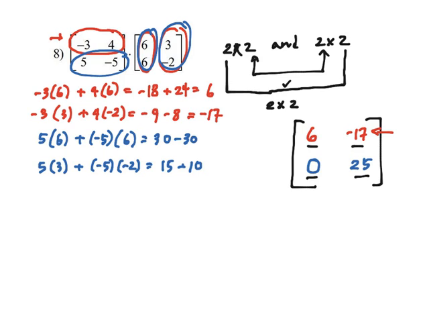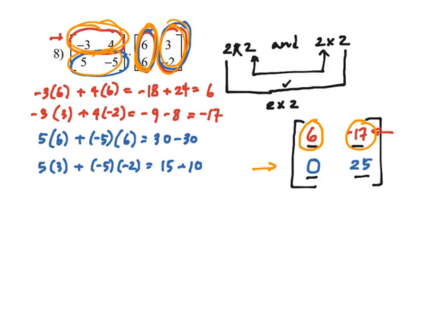Now, I know these are kind of confusing, but if you keep organized, and we start with the first row, and we continue on to multiplying the first column with it and get this answer, and then the second column and get this answer, and then move on to the second row, because that's the second row of the answer, or the product of the two.